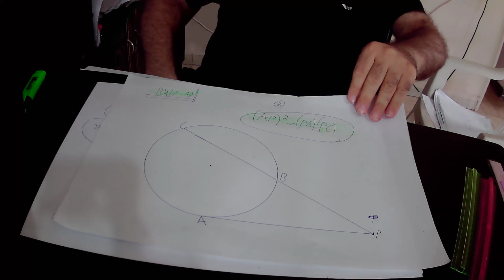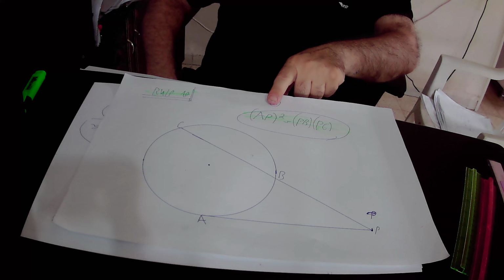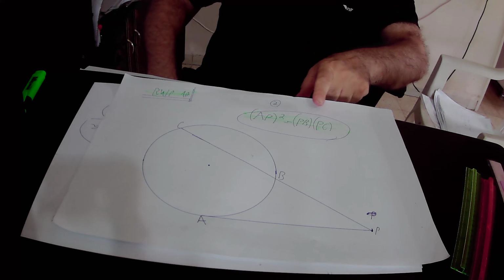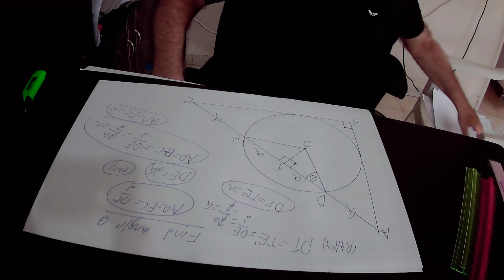You can implement again PA, or AP, squared equals PB times PC. So we can implement rule number 10 in our drawing. Why?